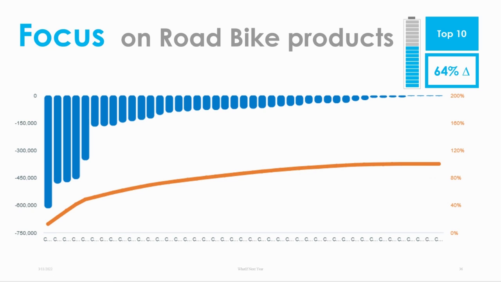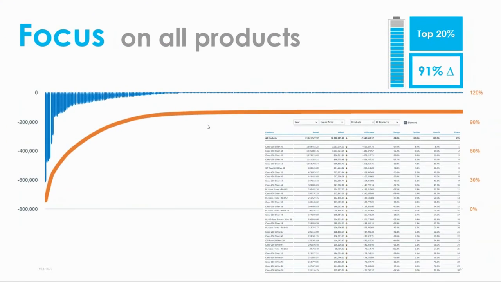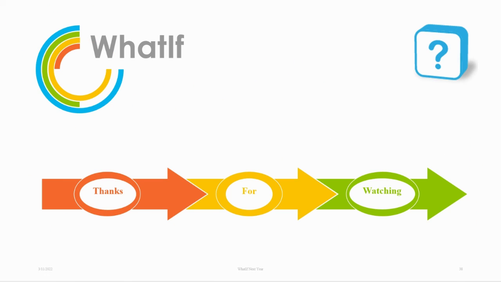And within road bikes, the top 10, or about a quarter, make up 64% of the decline. And within all products, the top 300, or 20%, make up 91% of the profit shrinkage. The remaining 1,200 products only account for 9% of the reduction.